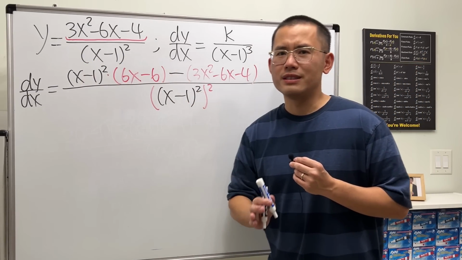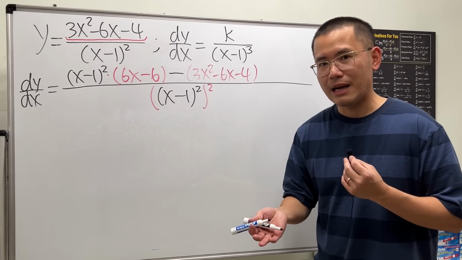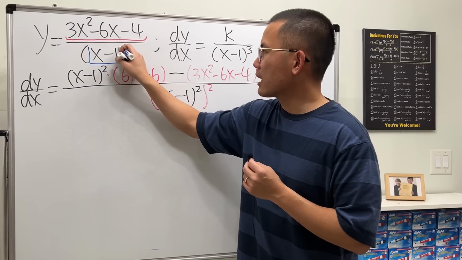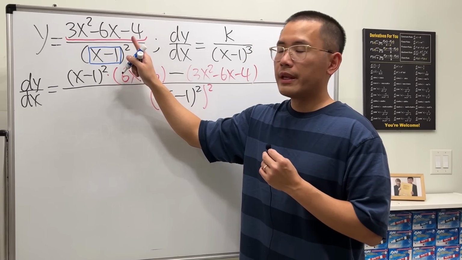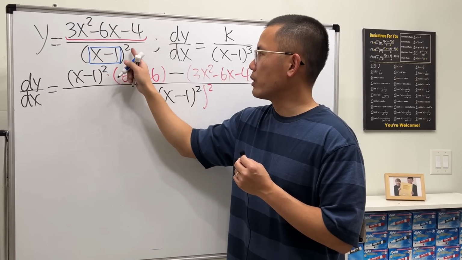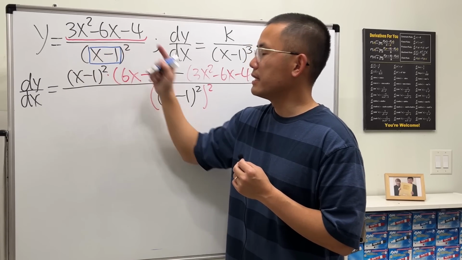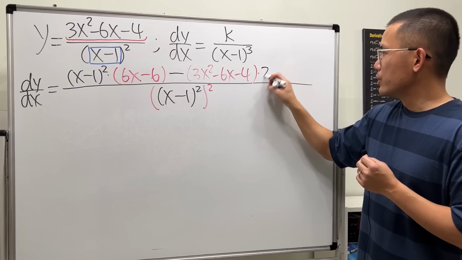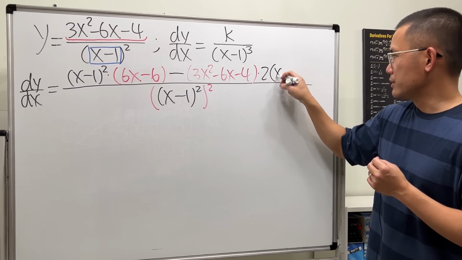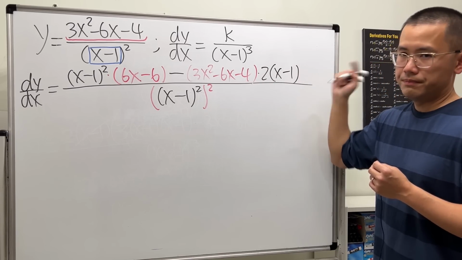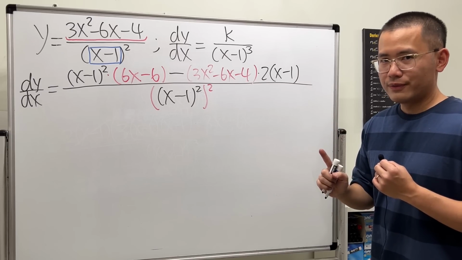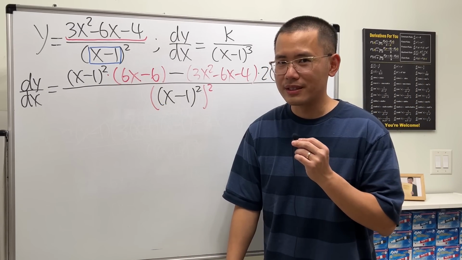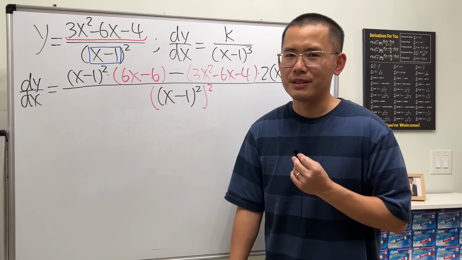And be careful with this one a little bit. We have to have a good habit of doing the following. This right here is like saying we have a box to the second power. Differentiating a box to the second power, we put the power to the front and minus 1 because of the power rule. So we first have 2 parentheses, the box, which is x minus 1 to the first power. And then you ask yourself, what's in the box? x minus 1. What's the derivative of the box, the x minus 1?